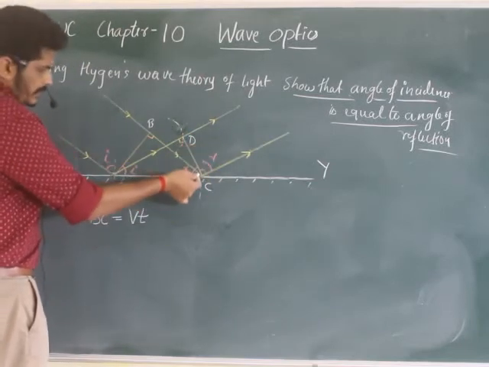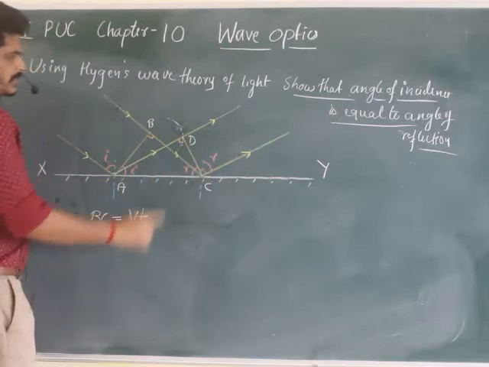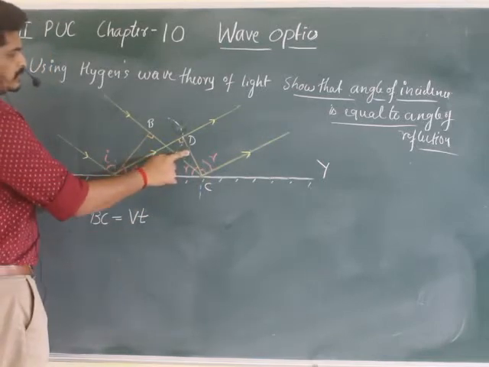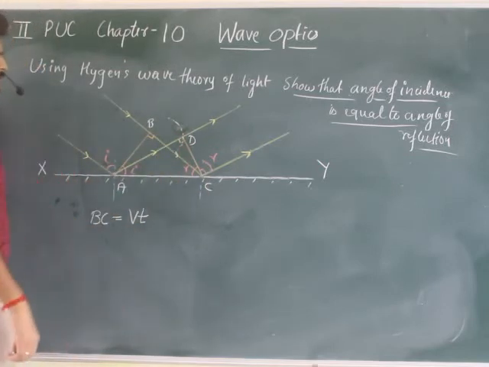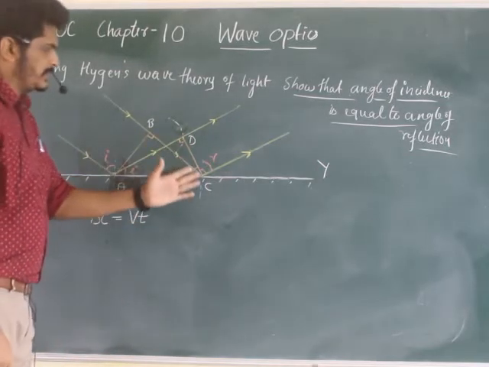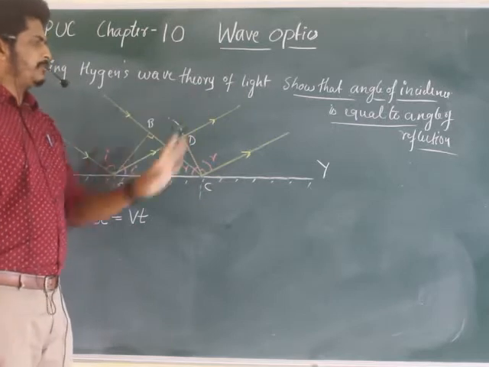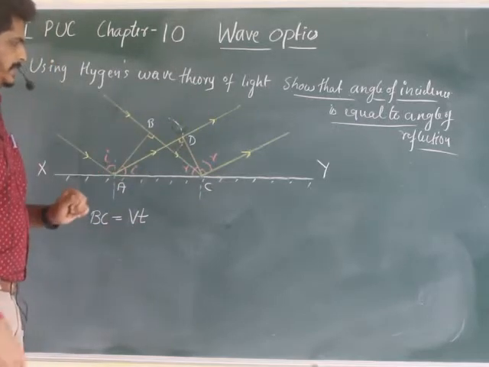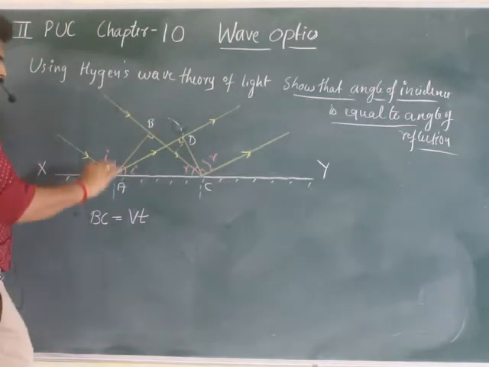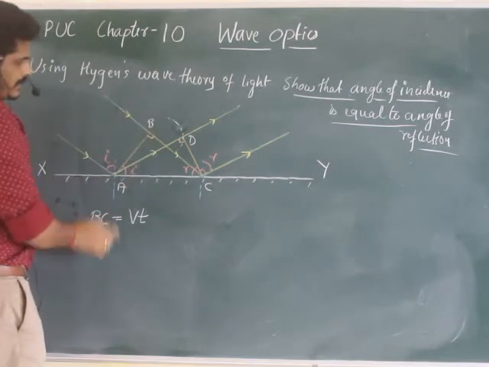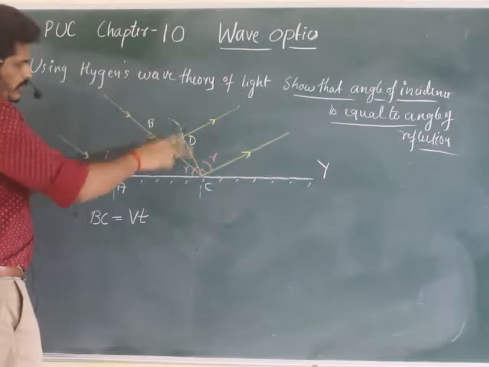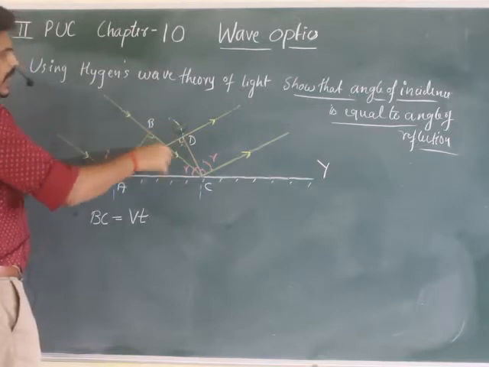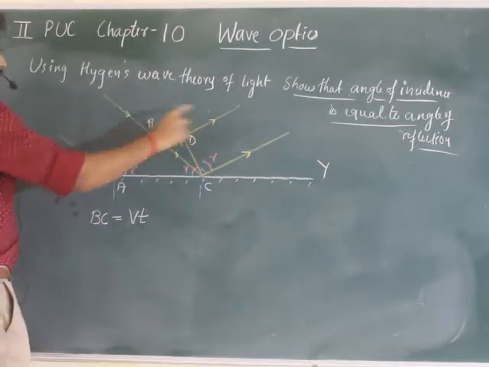Then what you are supposed to do is, the wavefront of reflection I have drawn here, DC. So DC is also a plane wavefront, which represents the light rays after reflection. How to draw it: we have to take the BC measurement. Keeping A as the center, we will mark an arc on the reflected ray.